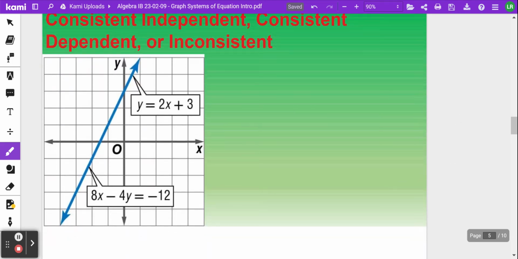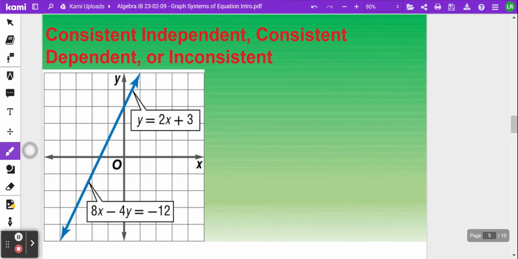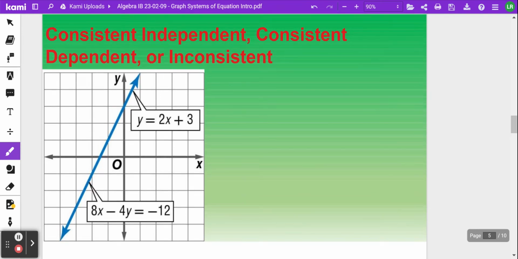The last one here, notice it looks like one line on the graph. So this is considered consistent dependent.